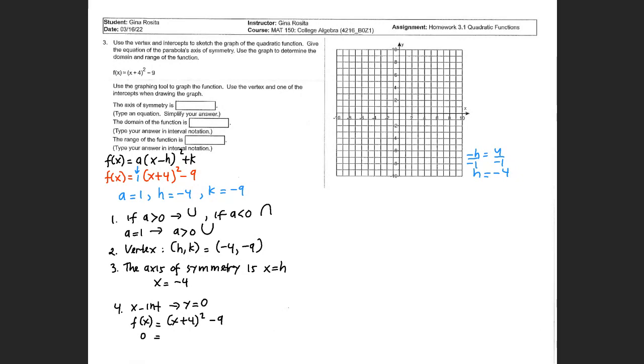So 0 equal x plus 4 squared minus 9. We move negative 9 to the left side and it becomes positive, so 9 equal x plus 4 squared. Now go to the right side over here, because we don't have space.